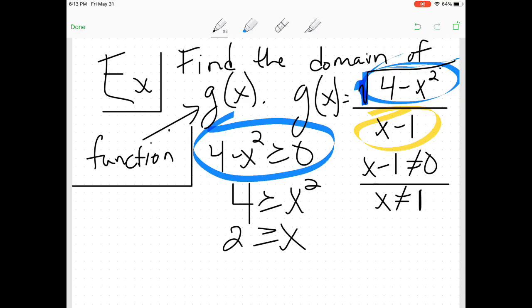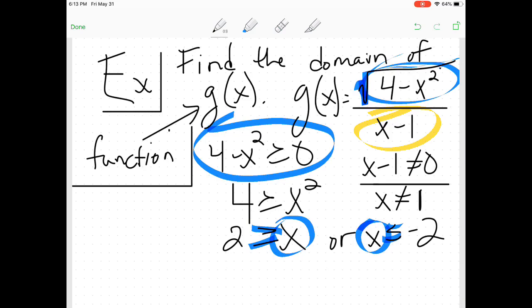So x is less than or equal to 2, or x is less than or equal to negative 2, right? And again, this one and this one both say x is less than or equal to. It's just because here I wrote the x second, while over here I wrote the x first, okay?